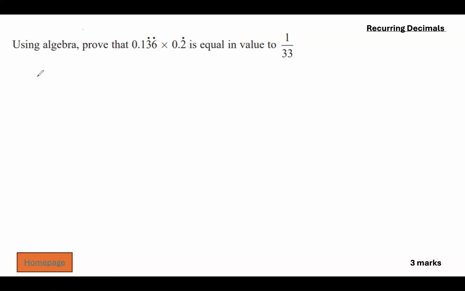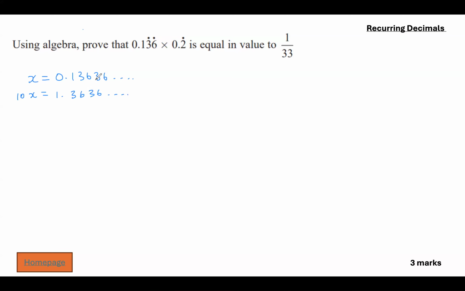So let x be equal to 0.13636, and this will go on forever. Now, we can multiply both sides by 10, so 10x is equal to 1.3636.